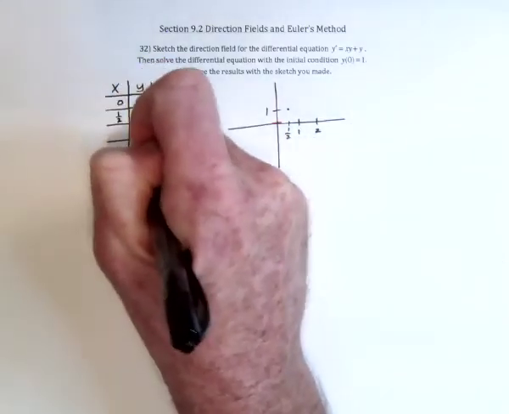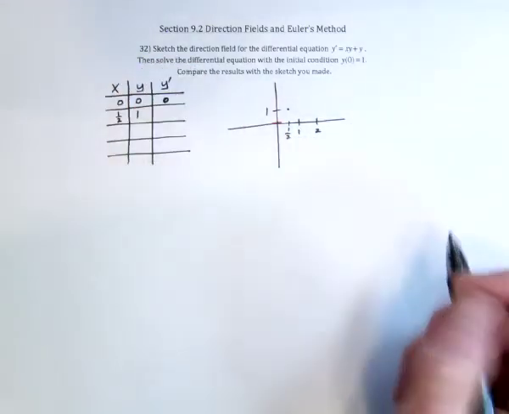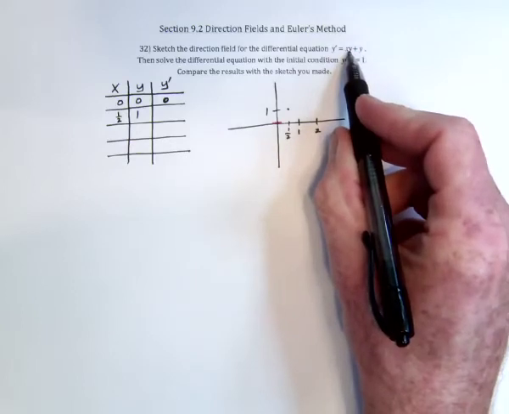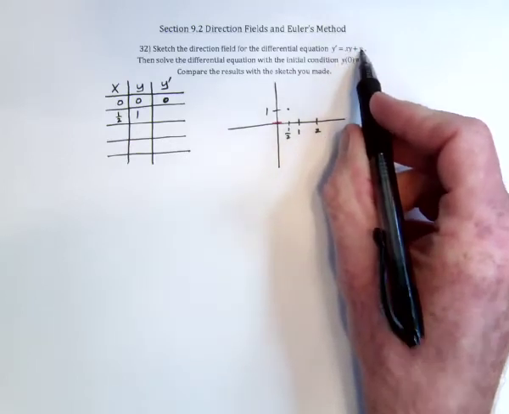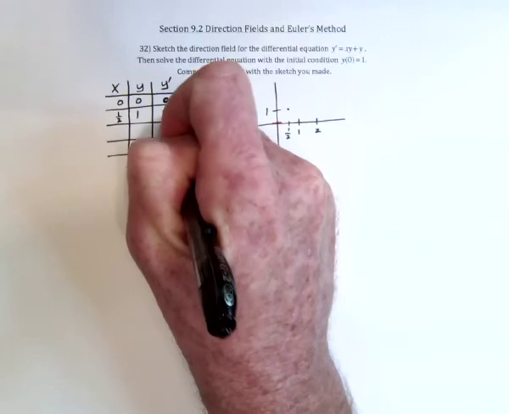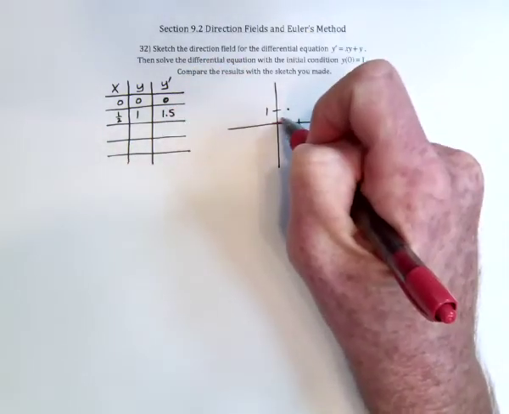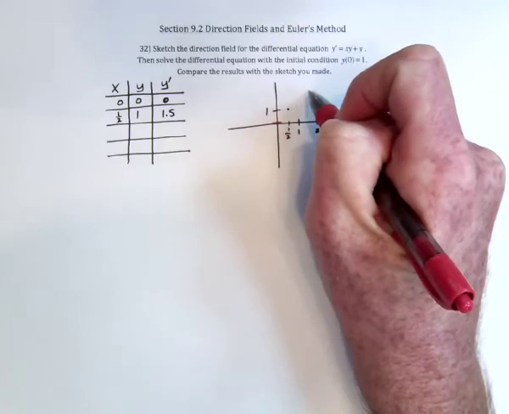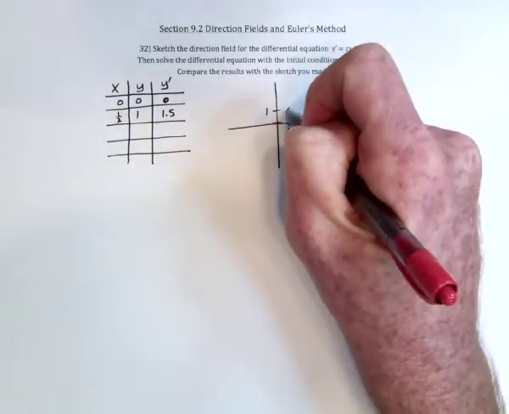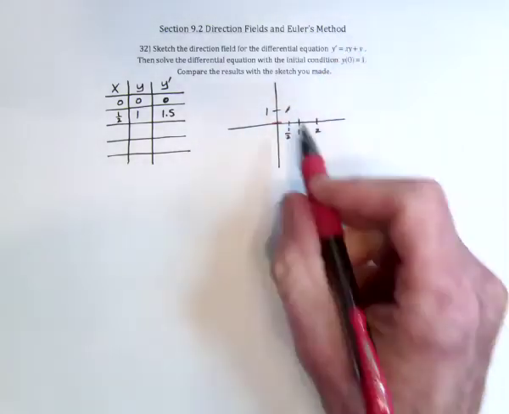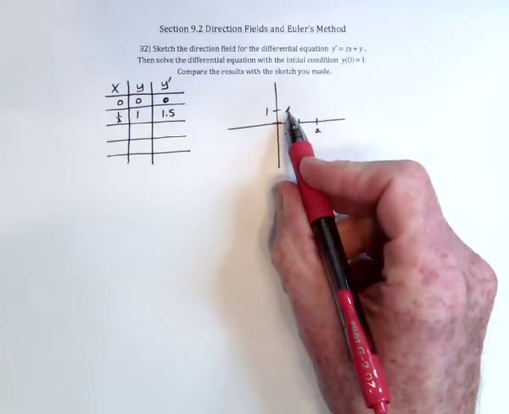If x is a half and y is a 1, so this would be a half plus a 1, so it's a 1.5 slope. So at this point, this would be a slope of 1, needs to be a little bit steeper than that. Keep in mind that's the tangent point to some function that we can't see.